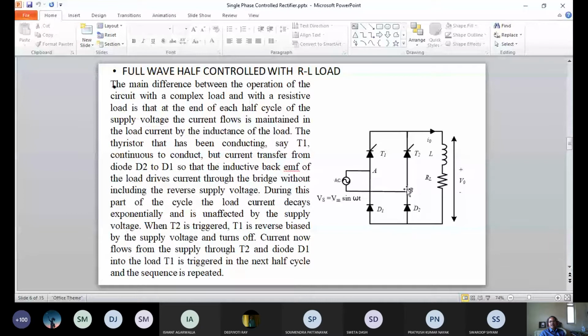After 2 pi, again the voltage reverses; A is positive, B is negative. So this is reverse bias, this is forward bias. T2 continues to conduct because current is not less than holding current. So there is again freewheeling action, voltage 0, but current decreases.